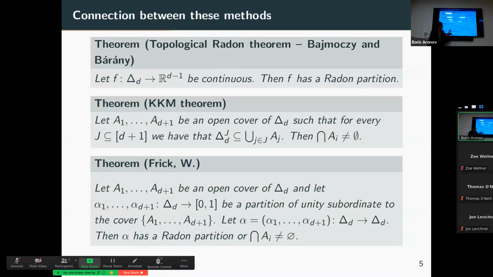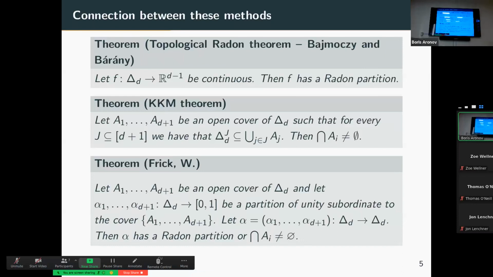And the way that we can do that is by, instead of just viewing our covers and the partitions in one way, we instead view this partition of unity subordinate to the cover. And this is where I'm going to be using the chalkboard a little bit.